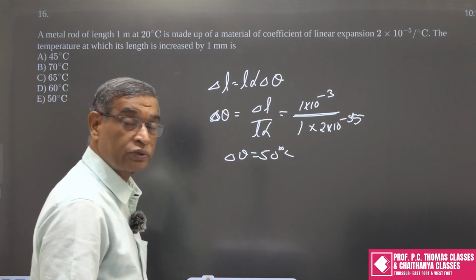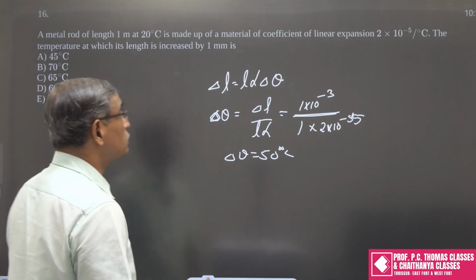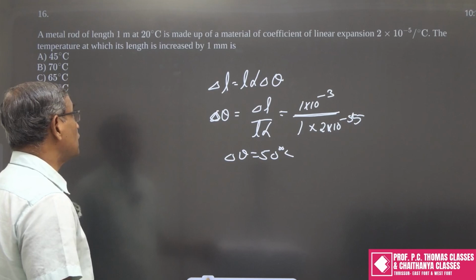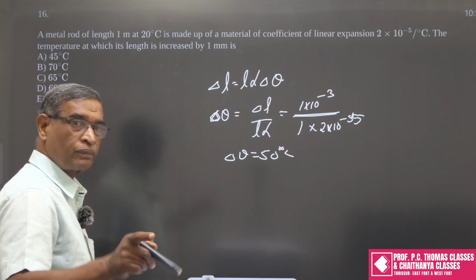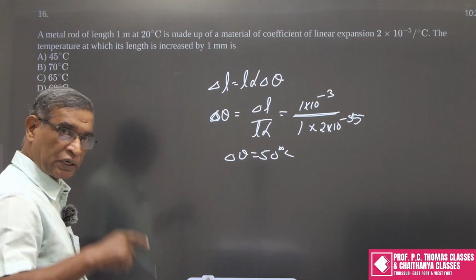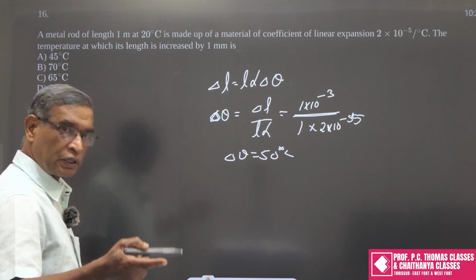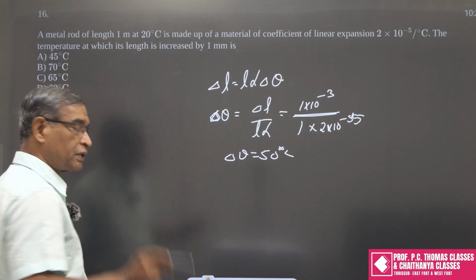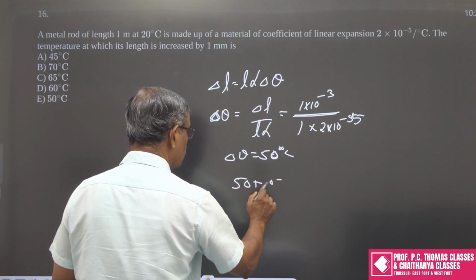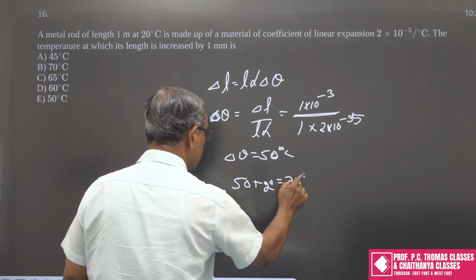But the question is not the increase in temperature. The question is the temperature at which the length increases. Its initial temperature was 20 degrees. When heated through a further 50 degrees, altogether the temperature is 70 degrees. So 50 plus 20 is 70 degrees.